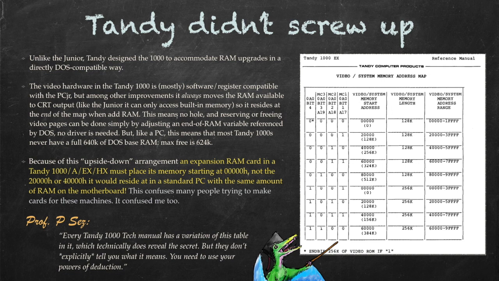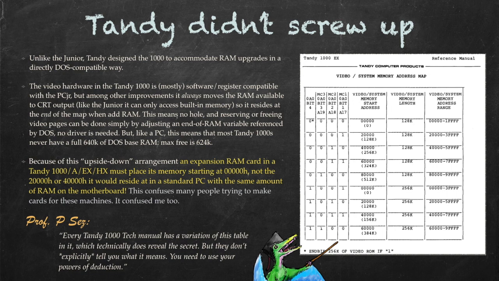So on a basic level, the video system in the Tandy 1000 is compatible with the IBM PC Jr. with one exception, and that is when you add additional memory to a Tandy 1000, you don't put it after the original 128K.